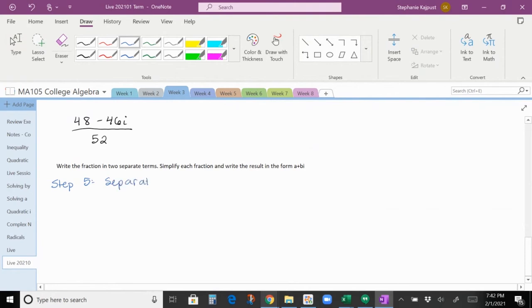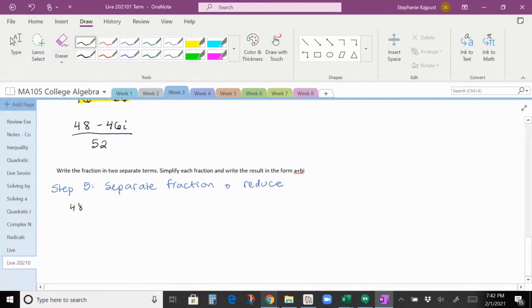Separate fractions and reduce. When it says simplify each fraction, that's basically what it means, to reduce the fractions that you have. So we're basically undoing when you add fractions. When you add fractions together, the denominator stays the same, and then you put them together on the top. So we're separating that out.